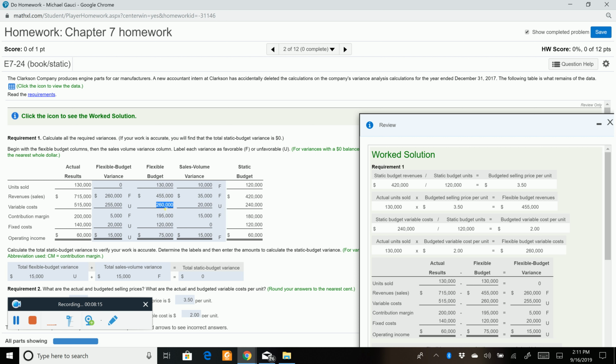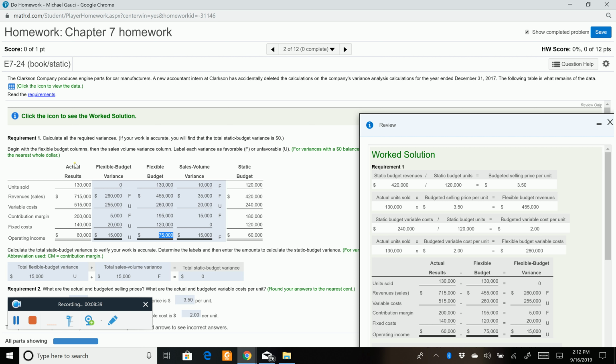Okay, so revenue less variable cost will give you the contribution margin. Contribution margin less your fixed costs. And the budget for fixed costs, static and flex, should be the same, right? Because it's not based on activity level. This is the total, regardless of activity. Subtract the fixed cost from your contribution margin, you get operating income.